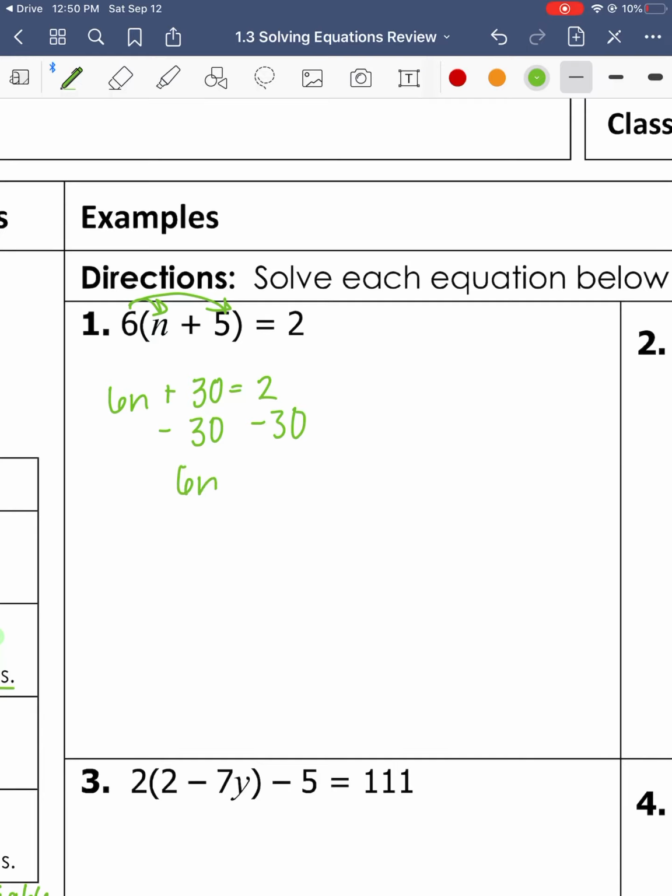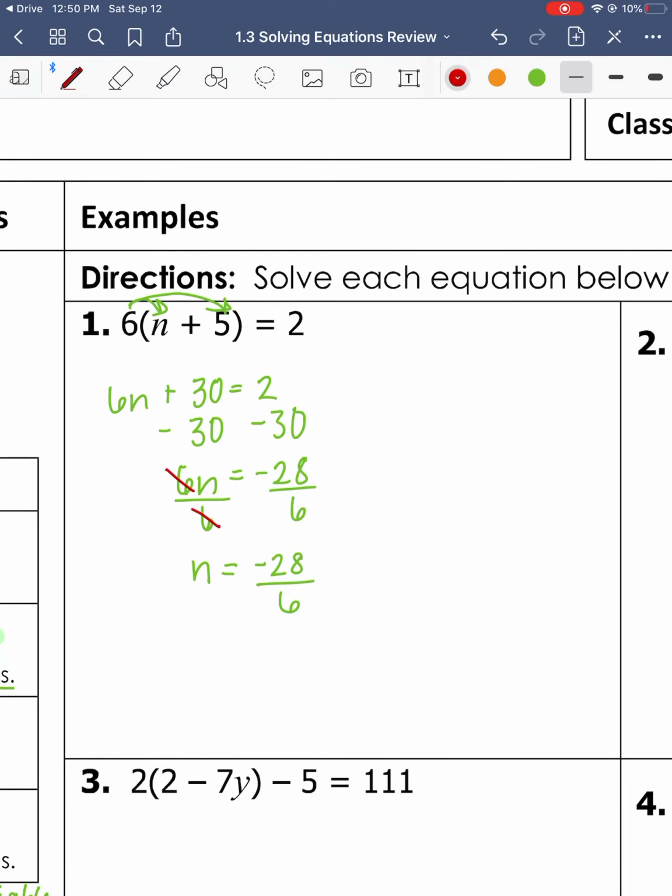Then we're left with 6n on the left side. 2 minus 30 is negative 28. And then to isolate the variable, we want to divide by the 6 because the 6 is being multiplied by it. So to undo it, we're going to divide both sides by 6. Here you can see on the left side, this 6n over 6 reduces to n, and that is equal to negative 28 over 6.